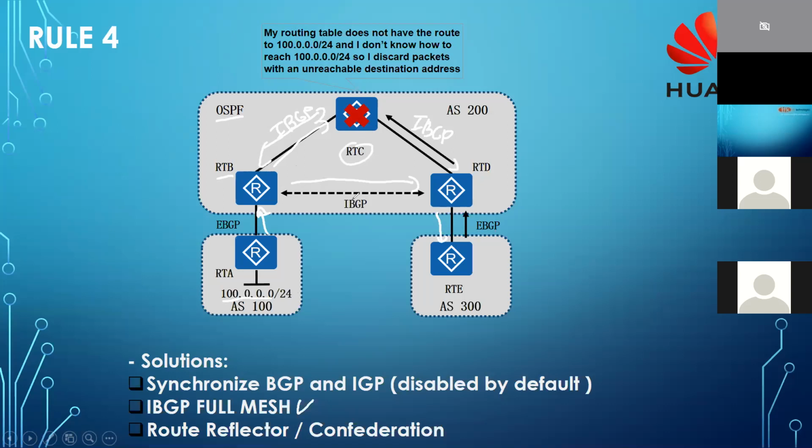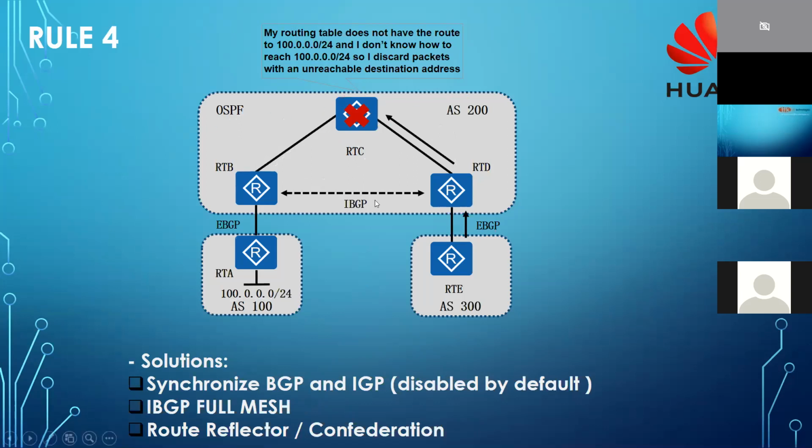This is why there are other solutions like route reflectors, and ISPs use MPLS. When you use MPLS, your backbone or your P routers will not use BGP. MPLS permits a BGP-free core, a core without BGP, and it's beyond the scope of this course.